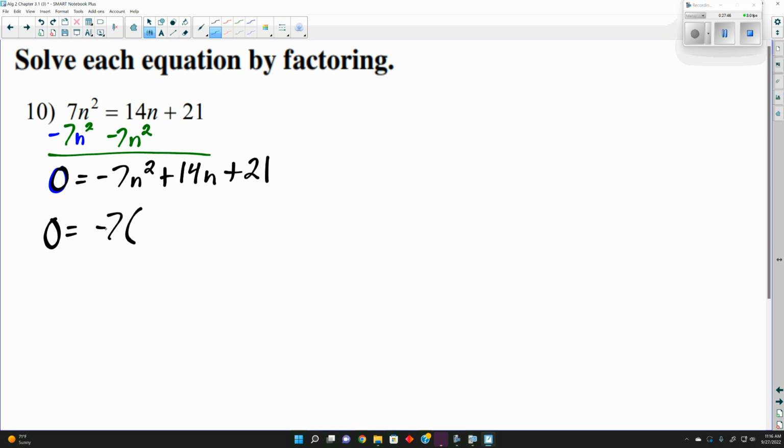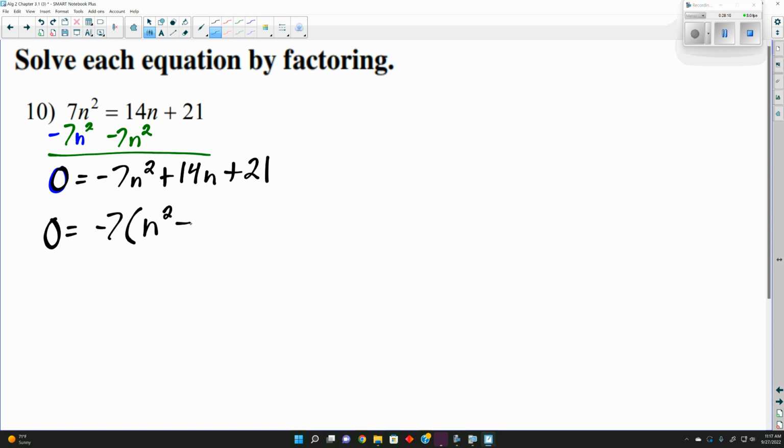Now for negative 7n squared, if we factor out the negative 7, we're left with n squared. Now factoring out the negative is really just going to change the signs from negative to positive or positive to negative. So since we have plus 14 in the middle, since it was positive, it's now negative.